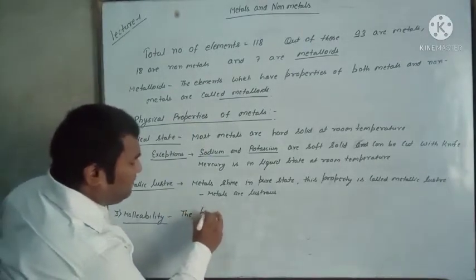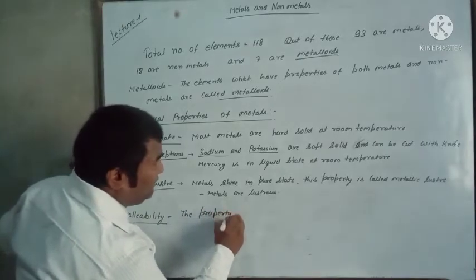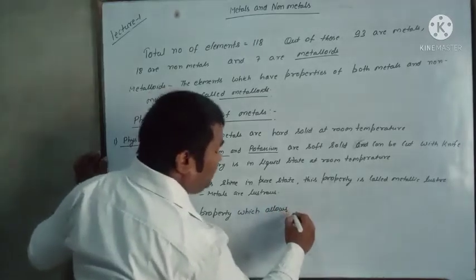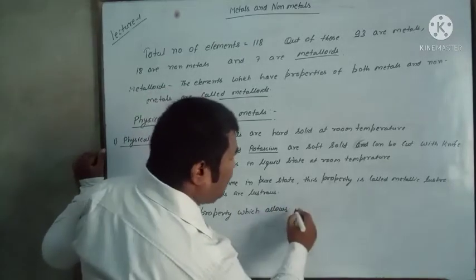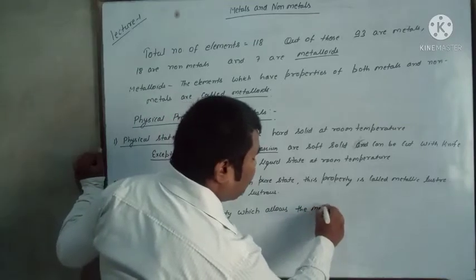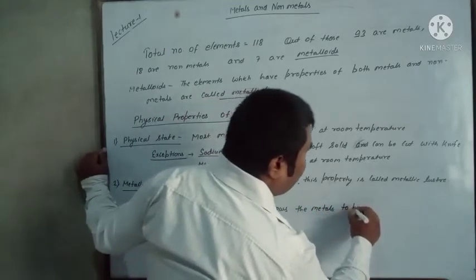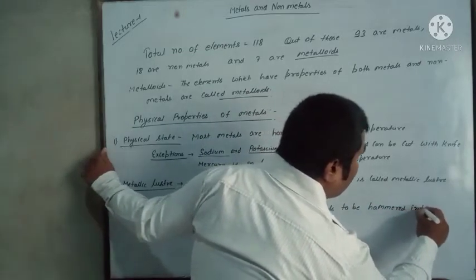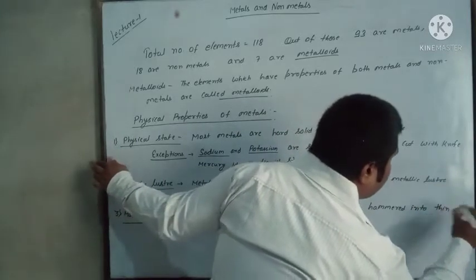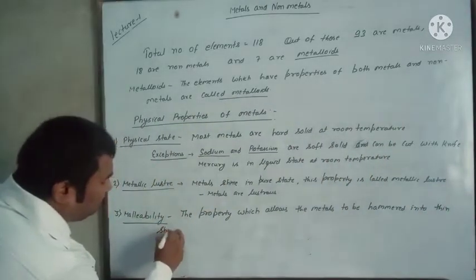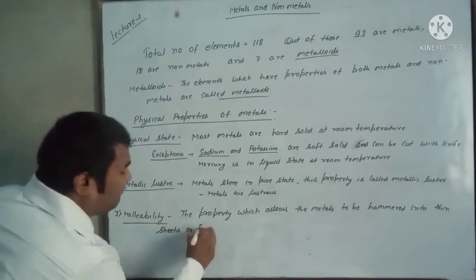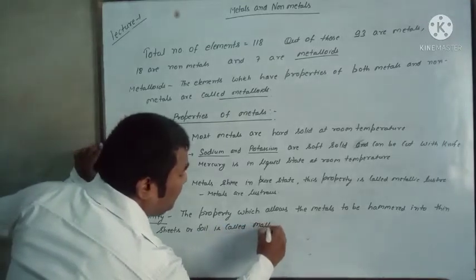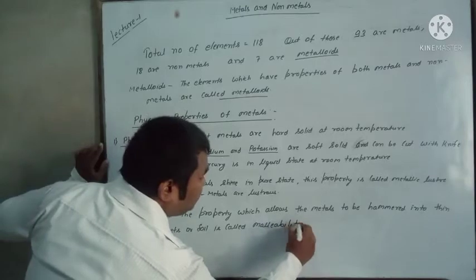The property which allows the metals to be hammered into thin sheets or foil is called malleability.